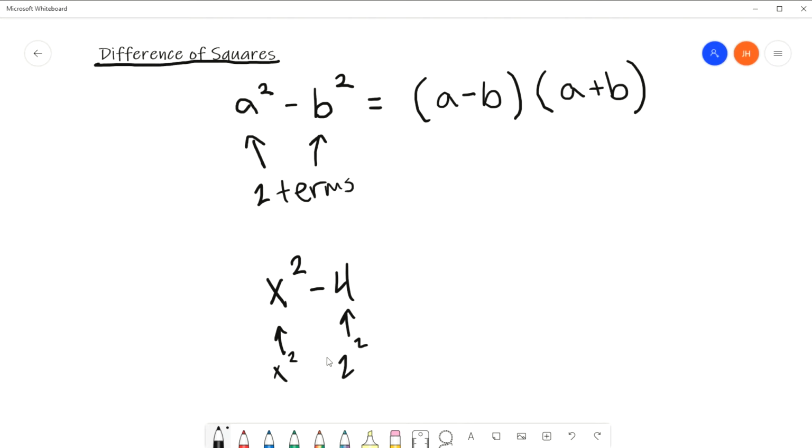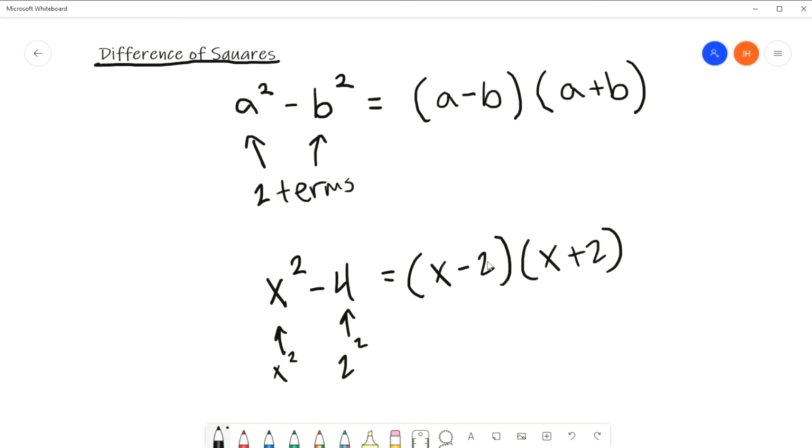So this is a difference of squares. We call them squares because they are to the power of 2, right? So according to my idea of this formula, I should be able to say that this is factored into their square roots subtracted, x minus 2, times their square roots added, x plus 2.